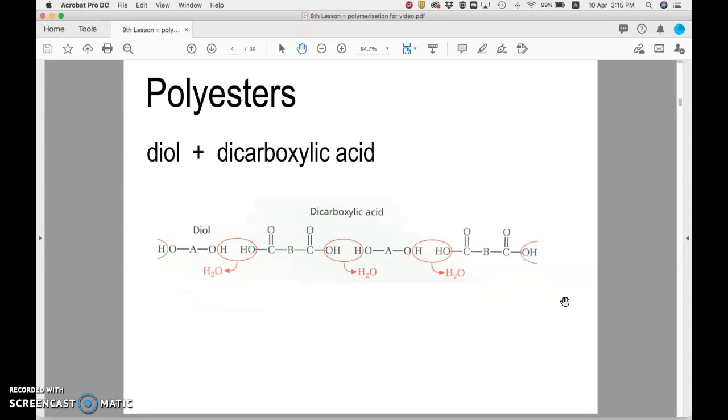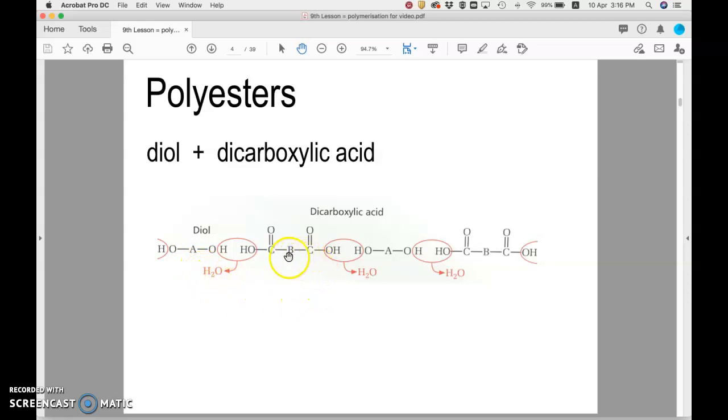So in order to form a polyester, what you'll need is a diol and a dicarboxylic acid. A diol is an alcohol which has got 2 OH groups, and this A represents carbons. It could be just CH2, could be multiple CH2s, but what this A is not important because it's not part of the formation of where they join the monomers in order to form the polymer chain.